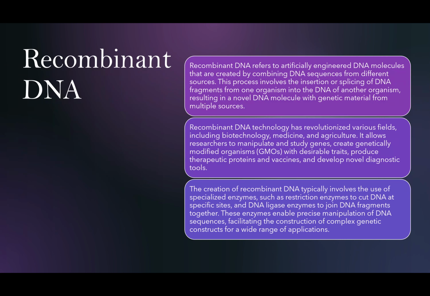So the creation of recombinant DNA typically involves the use of specialized enzymes, such as restriction enzymes to cut the DNA at specific sites, then DNA ligase to join the DNA fragments together, and these enzymes enable precise manipulation of DNA sequences, facilitating the construction of complex genetic constructs for a wide range of applications. So we can create multiple variants of different recombinant DNA structures that do different stuff.